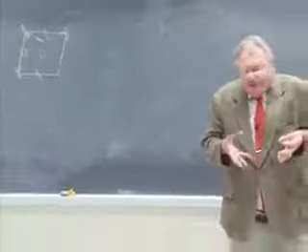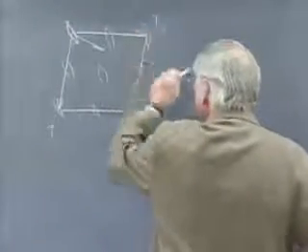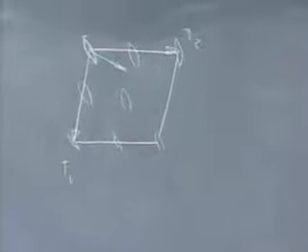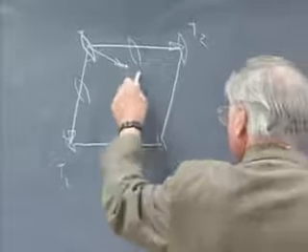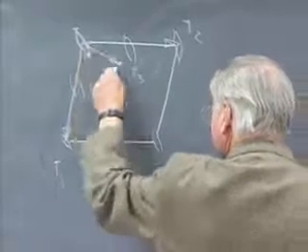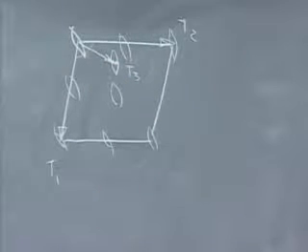It picks up not only the 2 translations that we've been calling T1 and T2 to this point, but it also picks up all the 2-fold axes that are hanging on these lattice points. So if this is the terminus of T3 in projection, it will have picked up a 2-fold axis and plopped down a 2-fold axis here, where no 2-fold axis exists.